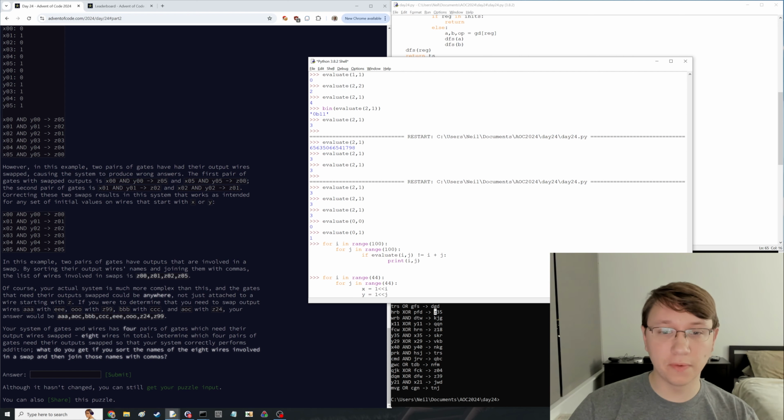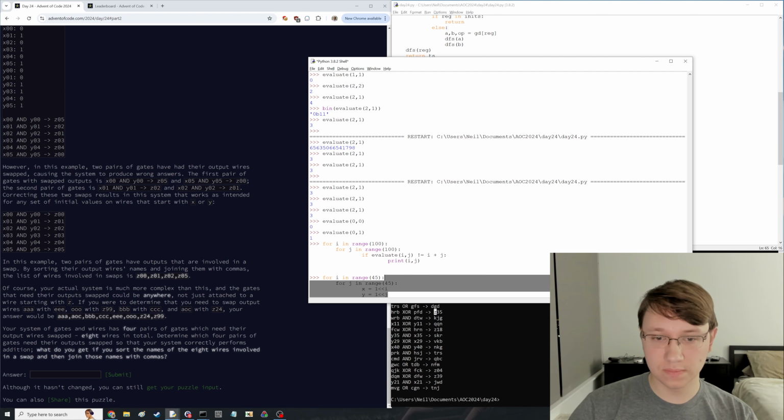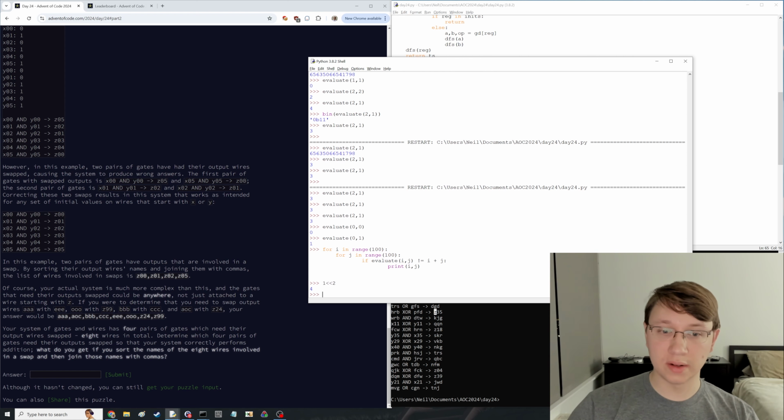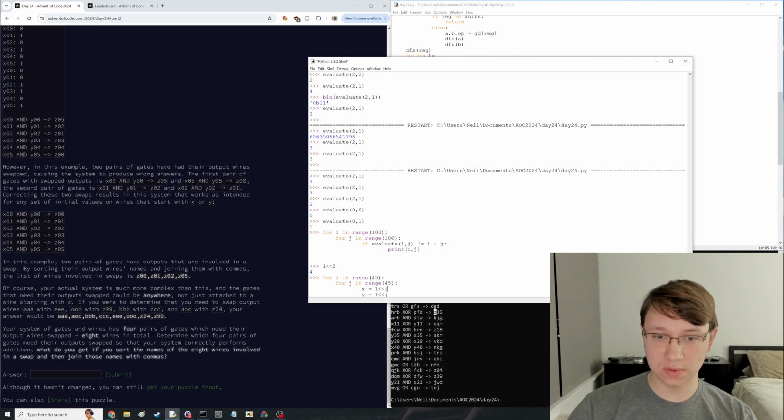See, they're actually 45-bit input numbers because 44 was the max. Sorry, let me think about the off-by-oneness here. If 2 is the max, then we'd have 3 bits, and then we would want to consider 1 left shifted by 2. Yep, I think this is right.